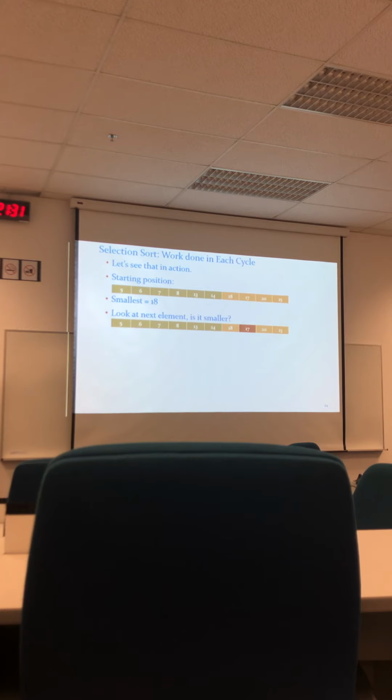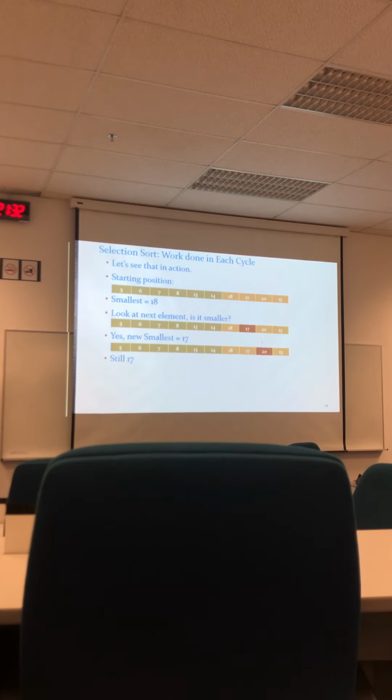So firstly you set to the first element, and after that you keep comparing until the end. You have to compare with every element. The next element is smaller, so you have to update the smallest to 17. When you update, you have to keep track of the index. Next, you will compare with the next one.